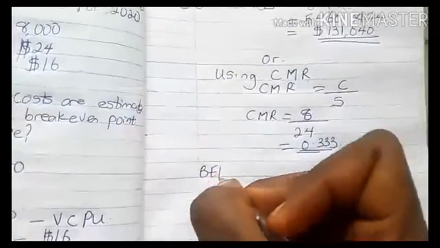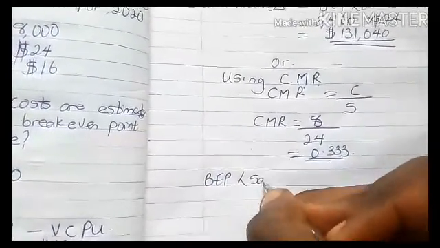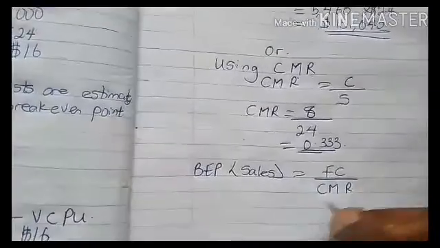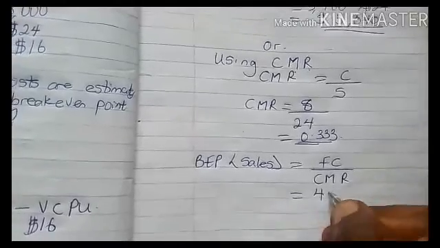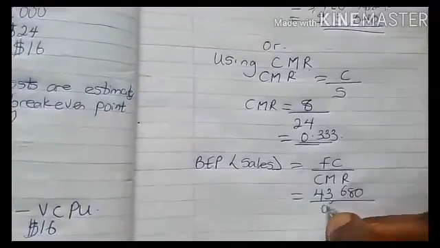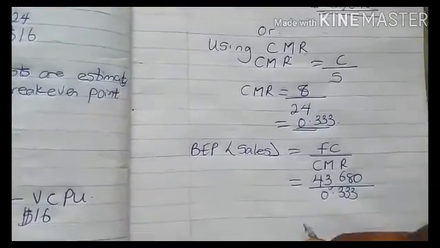So BEP in sales revenue will be fixed cost divided by CMR. Our fixed cost is $43,680 divided by 0.333.